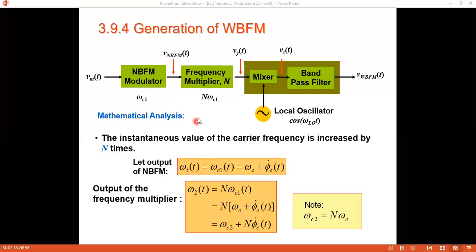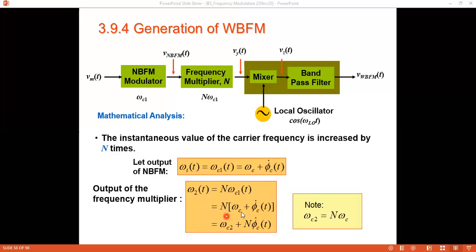Okay, so after the frequency multiplier, this is our narrowband FM output. The instantaneous frequency is equal to omega C plus our phase deviation, the first derivative of our phi C(t). And the output of the frequency multiplier, here we use omega 2(t), which is equal to n omega C1(t).